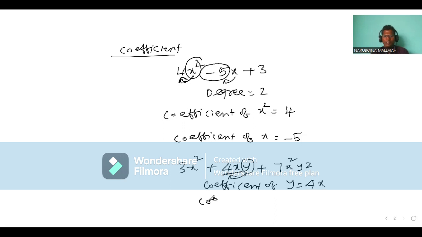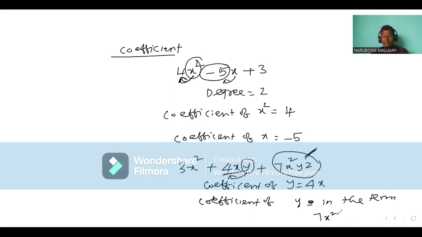If I ask you the coefficient of y in the term 7x square yz, I am asking in this term. Put focus on y. The remaining things are 7x square and z. So 7x square z.